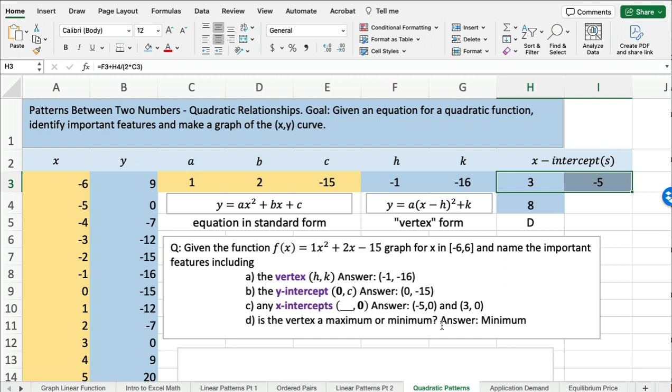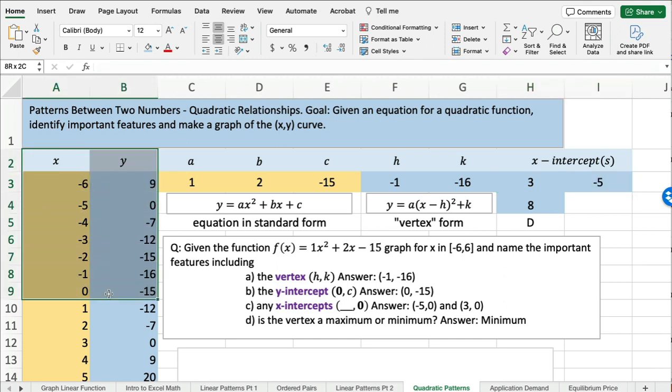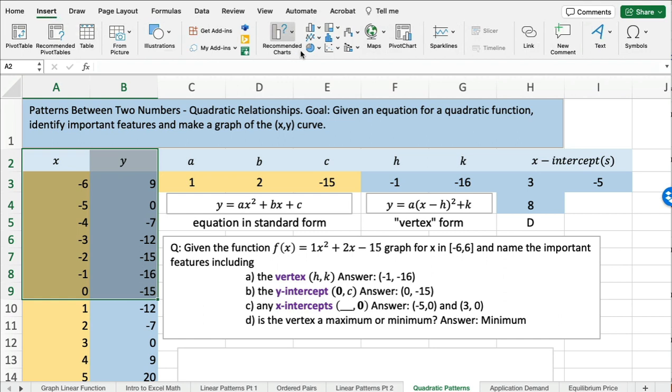But right now, what matters is let's see what the graph looks like. So over here, you would highlight all of your data and go to Insert. I've already done it, so I'm not going to actually do it, but I want you to go to Insert up here. Sorry, I didn't have all the data selected.